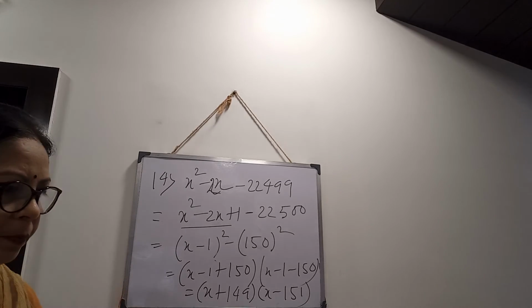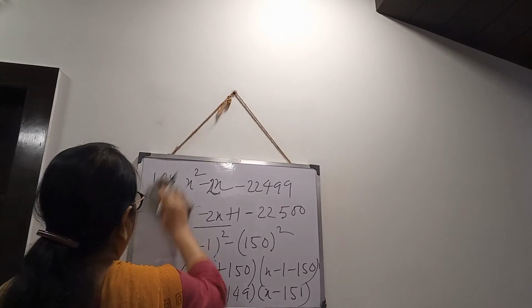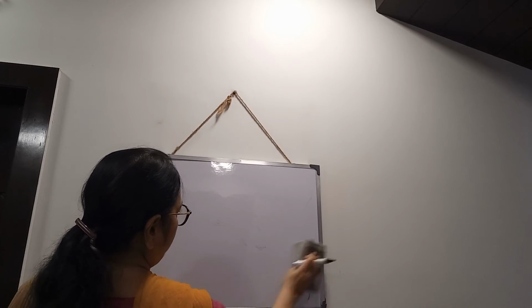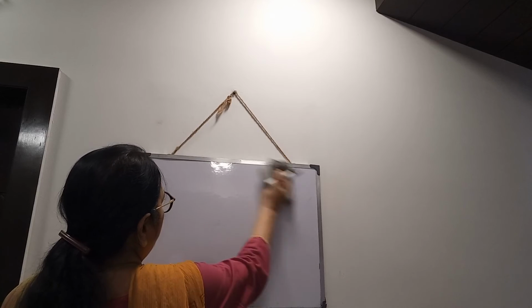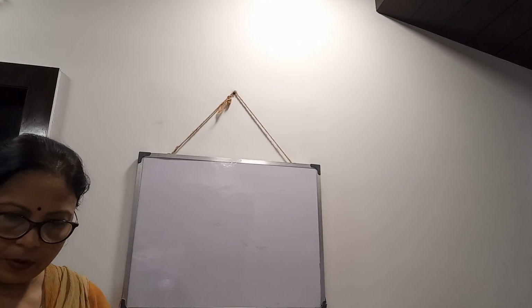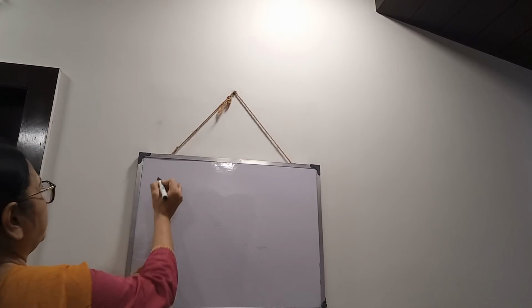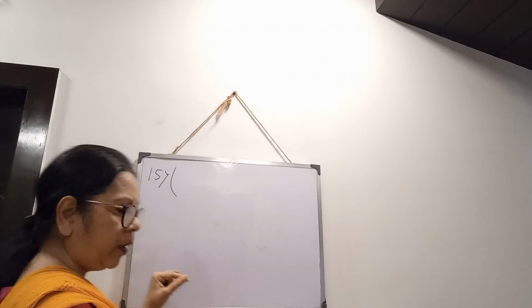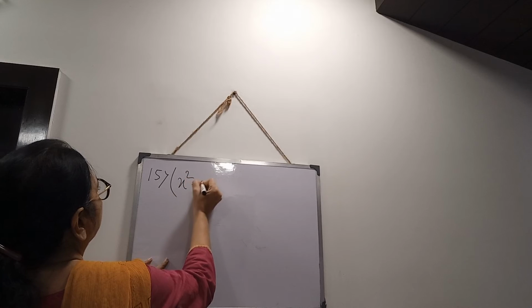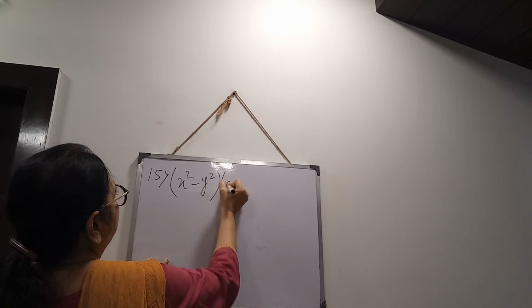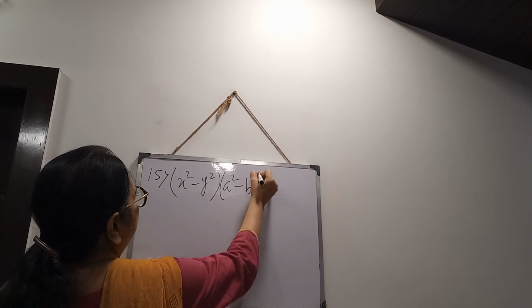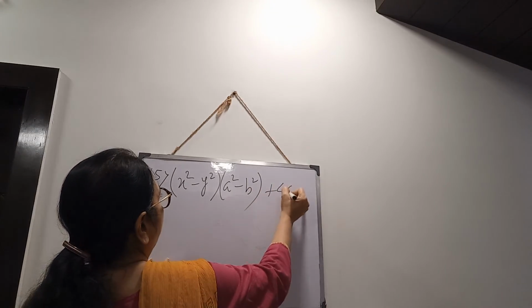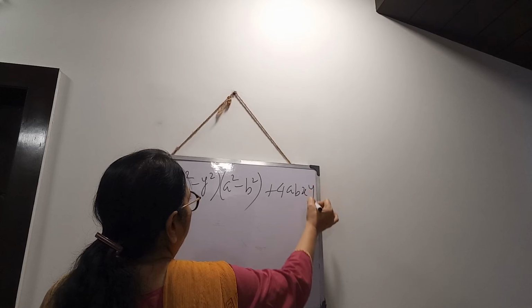Now next one, next type. If the sum is this type, x square minus y square into a square minus b square plus 4abxy.